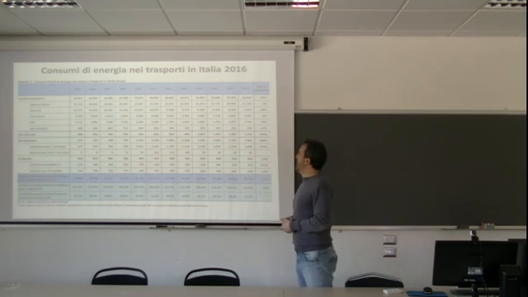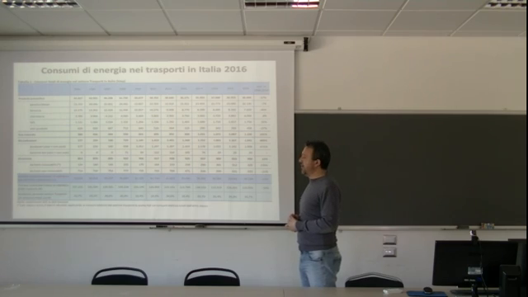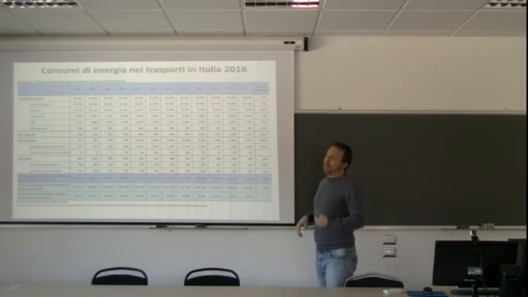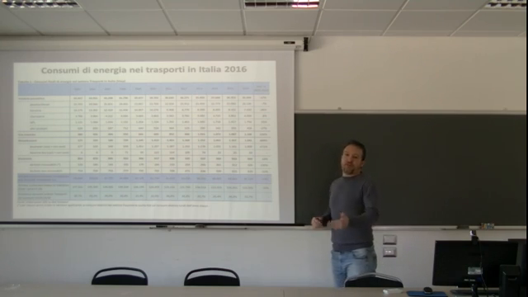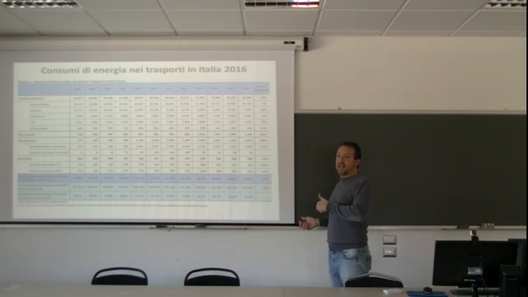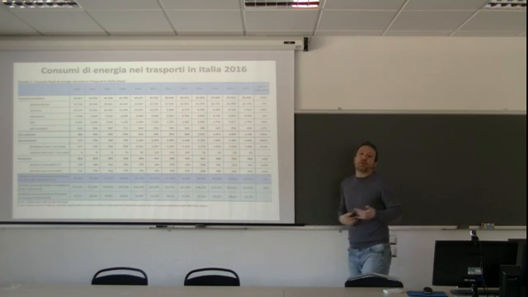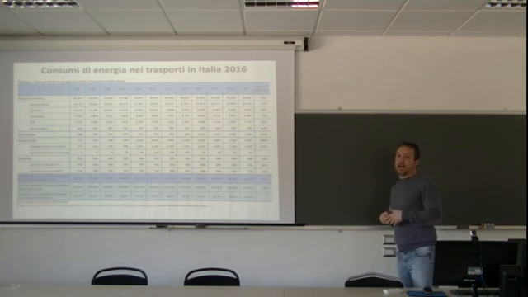We don't have bioethanol yet, so biodiesel mainly, and of course some electricity from renewables, because as we have seen a few slides ago, if we have 40% of electricity from renewable energy, of course this 40% can also reach the transport sector, because electric cars are starting to grow. Okay?